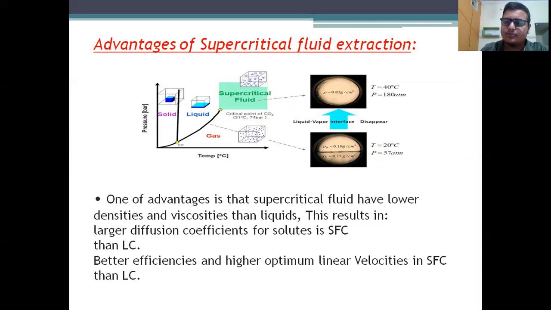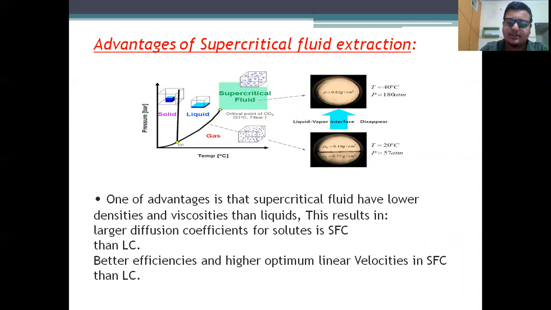Supercritical fluids have a lower density and viscosity than liquids, which makes movement much easier, because the molecules are arranged more freely, and since it has the property of a gas, it moves like a gas, so the movement is much more unrestricted compared to a liquid.